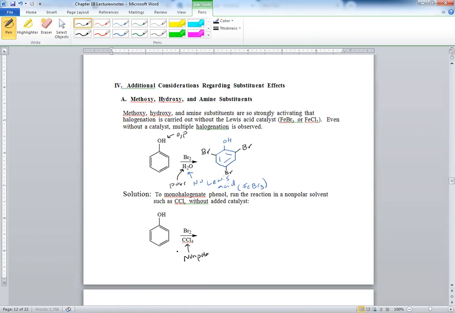And at 0 degrees Celsius, you would get the ortho, and you would get the para. So this is a much more useful reaction.